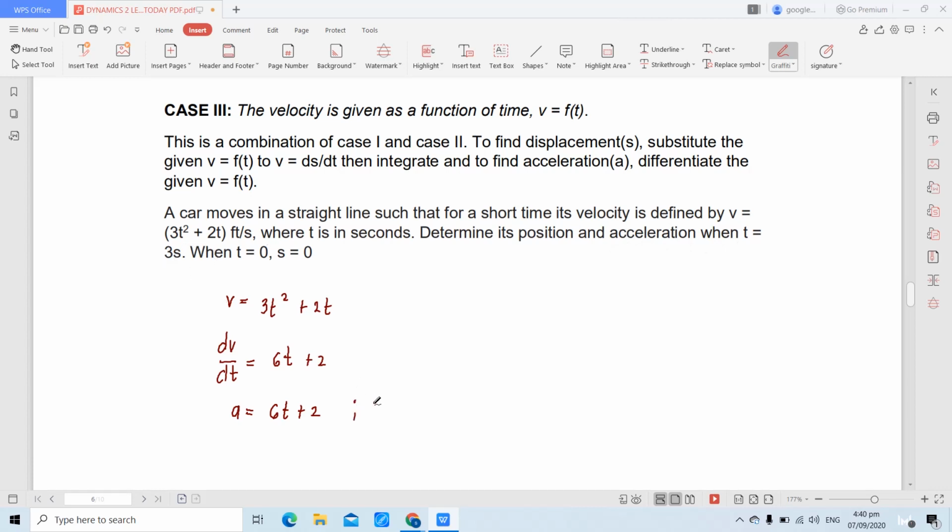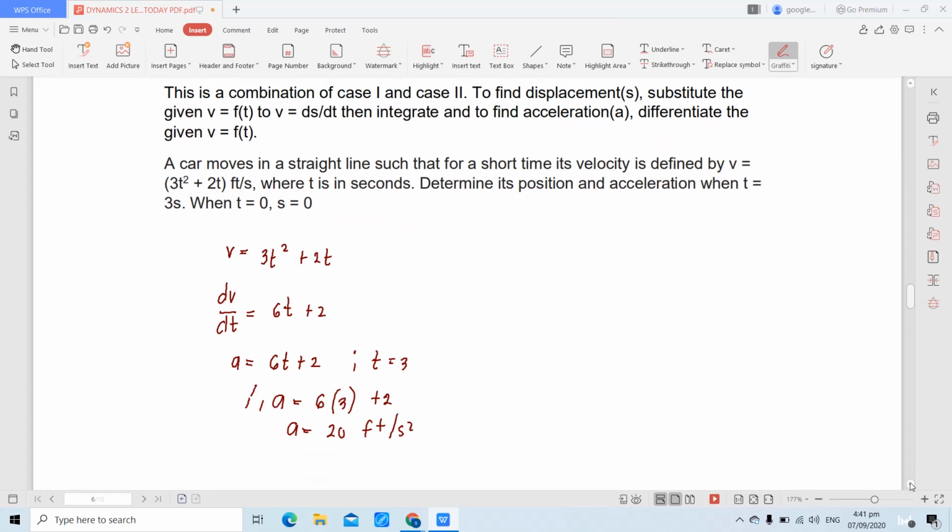So, substitute. T is equivalent to 3, therefore, a is equivalent to 6 times 3 plus 2. Therefore, acceleration is 20 feet per second square. First requirement. Gets? Second requirement, determine the position, s, when the value of time is 3 seconds.